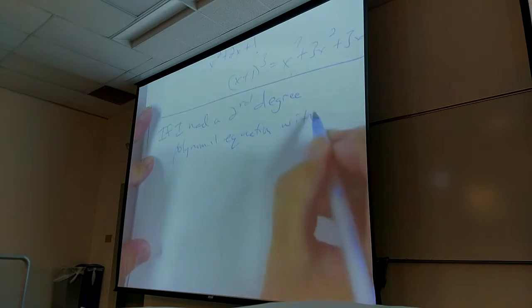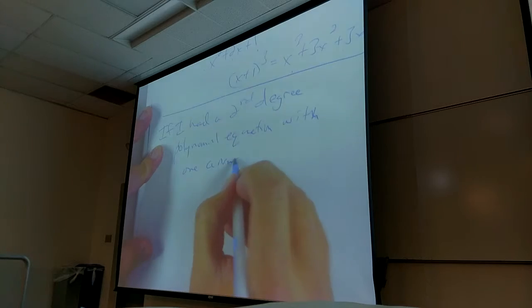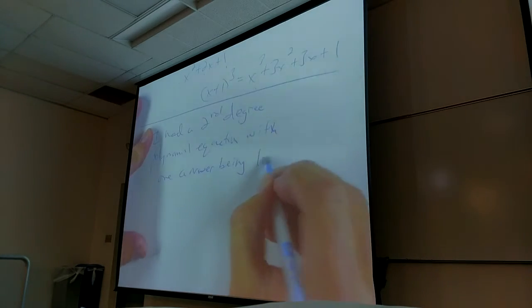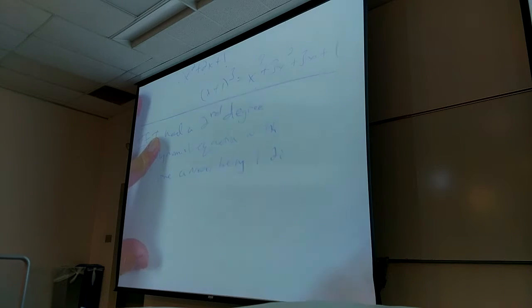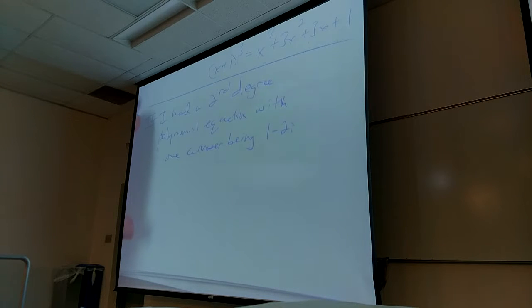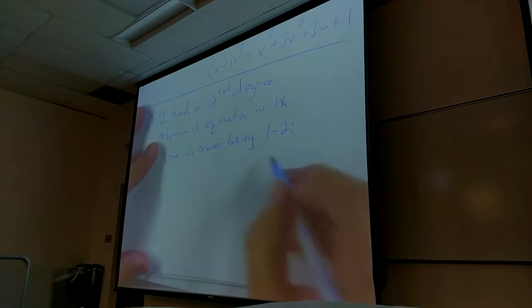Second degree polynomial equation with one answer being 1 minus 2i. Now one part of this is just, can you tell me what the other answer must be? It's based on what we talked about earlier. What must the other answer be? 1 plus 2i.